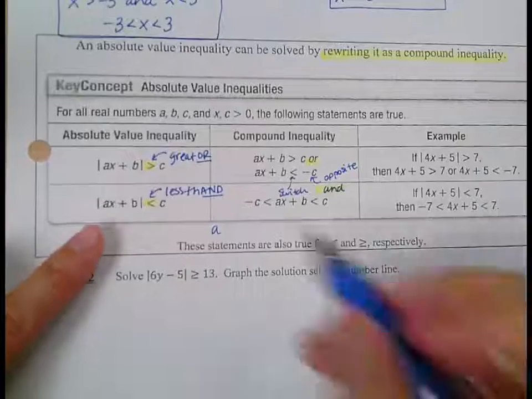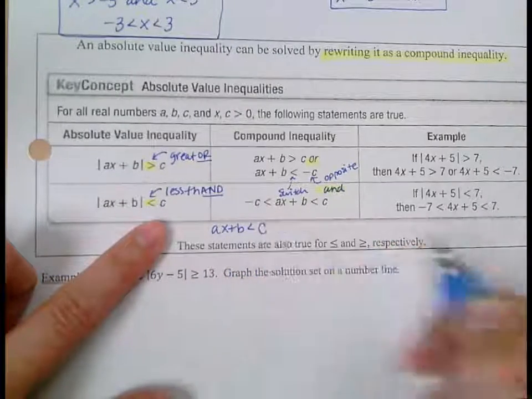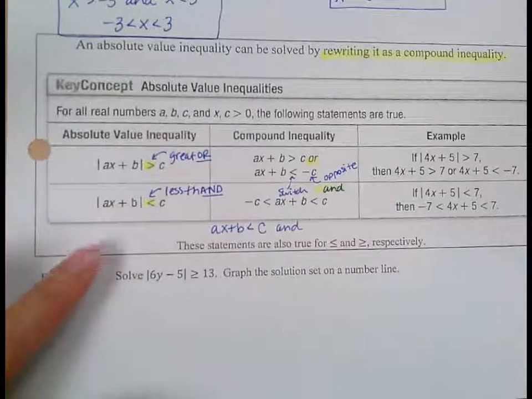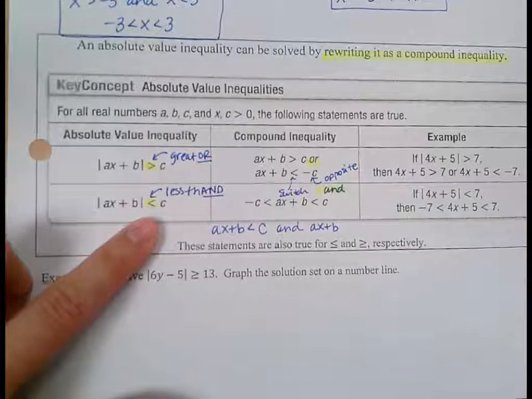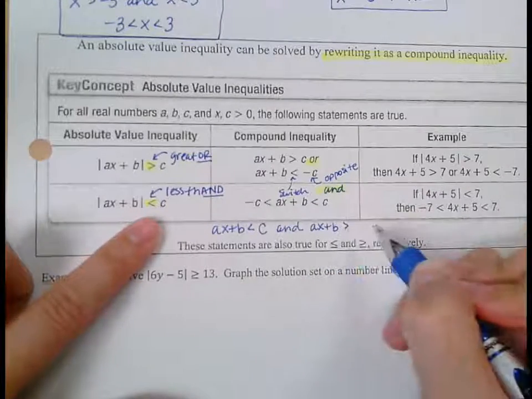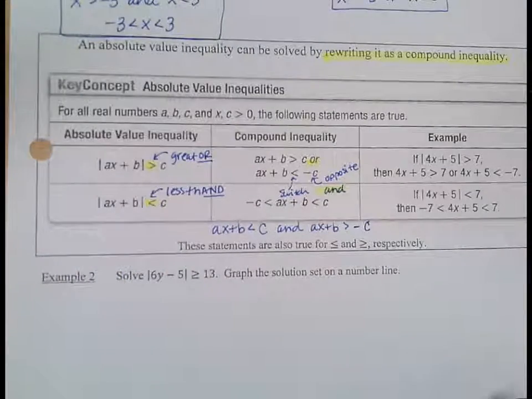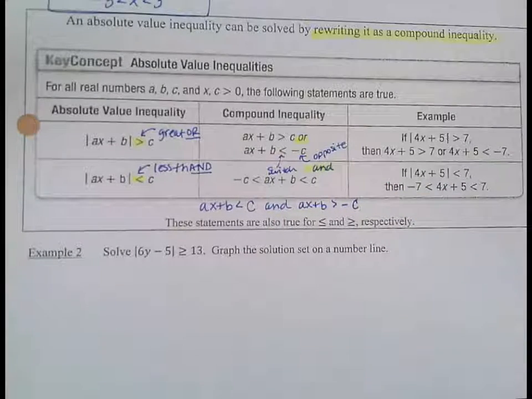Your positive case: ax plus b, keep the less than symbol, keep the c. And then you would join it with and your second inequality would keep the ax plus b. You would switch the less than to be greater than, and then change c to the opposite, so negative c. So it'd be set up the same way it is for the or, except you have and in between, and yes, then your solution set is going to look different based on the word that's in the middle.